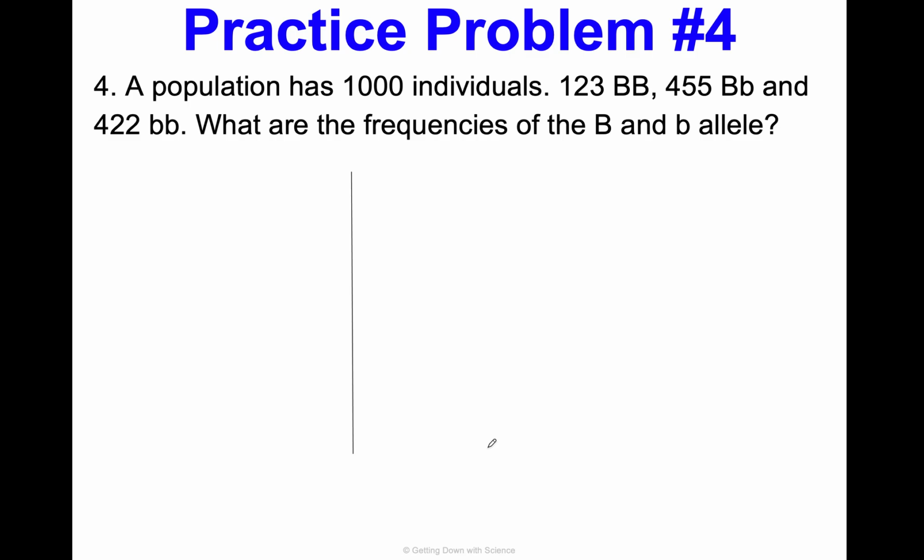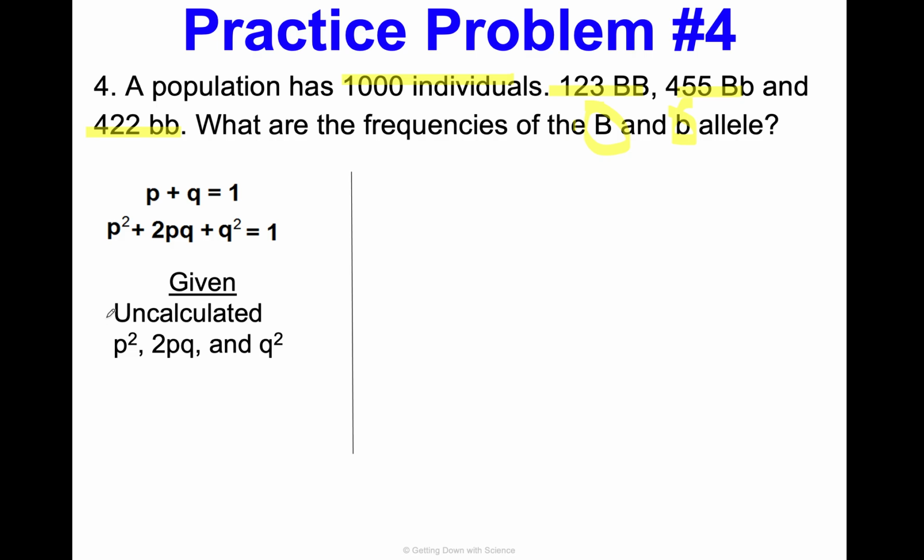Love it. Practice problem 4. Population has 1,000 individuals. 132 of them are homozygote dominant. 455 are heterozygote. 422 are homozygote recessive. What are the frequencies of the dominant and the recessive allele? Step 1, write down your equations.